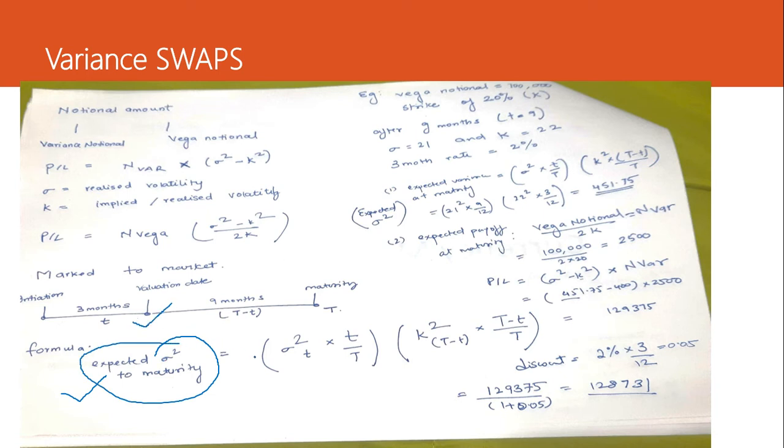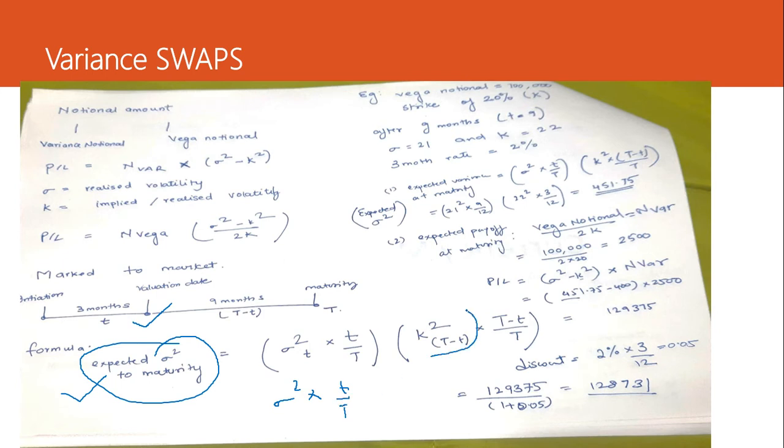So if I want to do MTM, the formula is simple. The first step is to value the swap. To value the swap, you just use your standard deviation squared times t, that is the time elapsed, upon the total time.